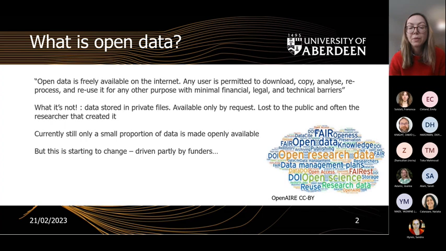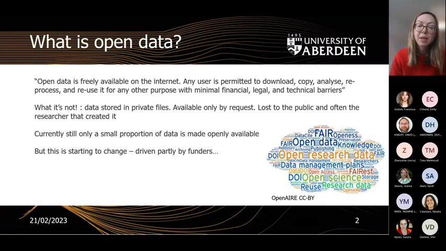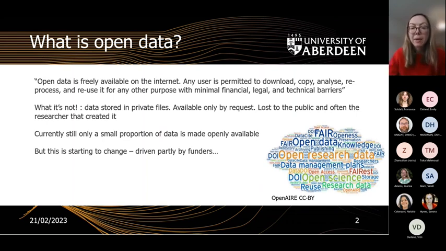When you're looking at somebody's data and it's available only by request, it can be really frustrating. In that case, it's often lost to the public, and in some cases lost to the researchers that created it. Currently, there's still only a small proportion of data being made openly available, but that is growing. This is starting to change, partly driven by funder requirements. And so we'll go on to talk a little bit about some of those reasons.